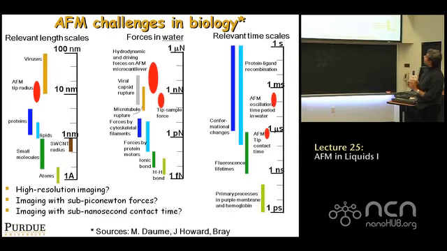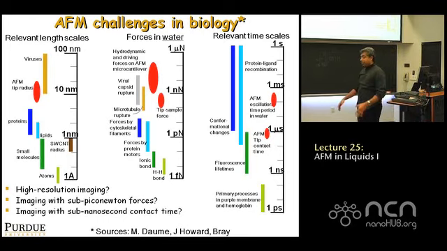It gives you an idea of the length scales, in the left column, of what we're trying to image in biology. The AFM tip radius is roughly, as just mentioned, of the order of 5 to 10 nanometers. We're sometimes trying to image viruses that can be anywhere from tens of nanometers up to 100 nanometers in size.